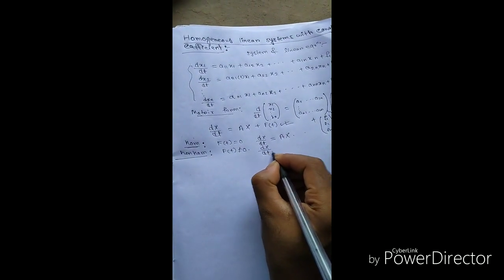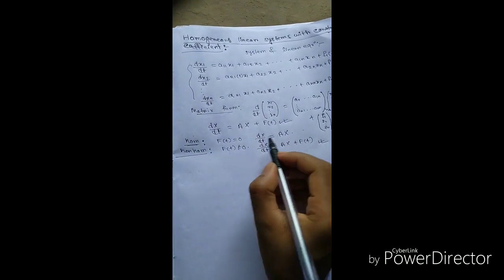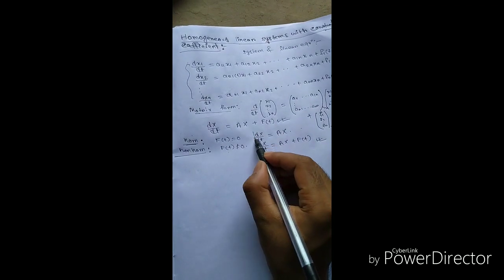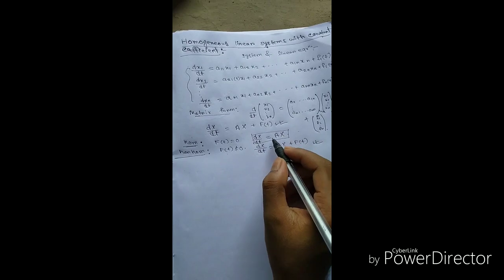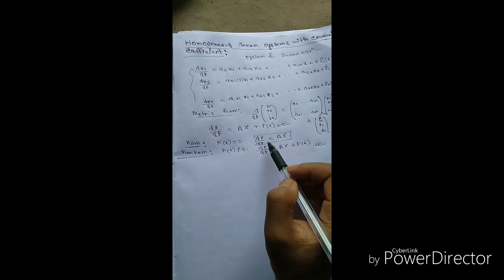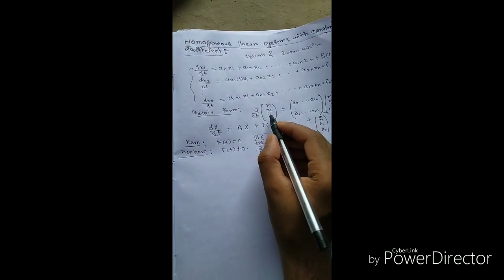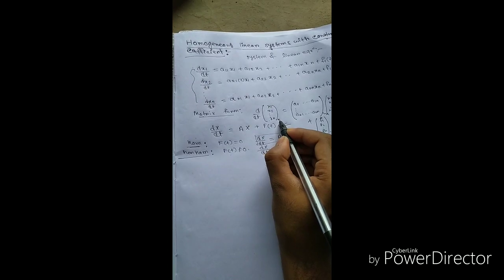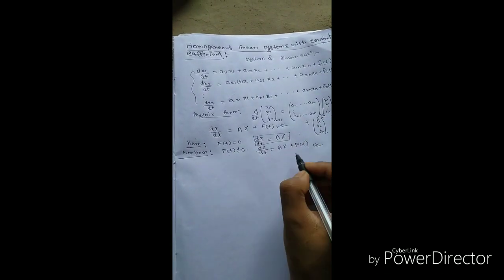So a non-homogeneous system can be written in this form where f(t) is not equal to 0, and if f(t) equals 0 then dx/dt equal to Ax, where x is a column matrix with n rows and 1 column, and A is an n cross n matrix.